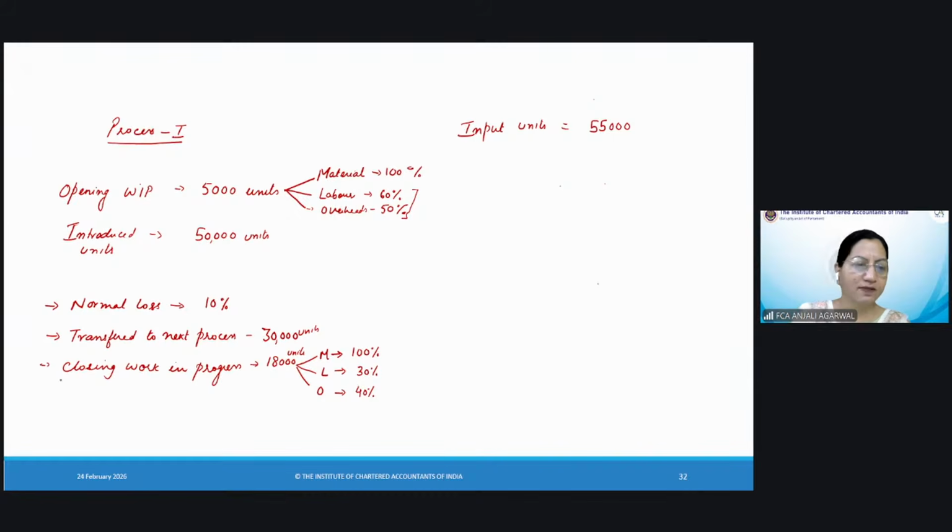On the basis of this, the first thing you will do is to calculate the missing figure, or rather, the balancing figure of units. First step, balancing figure of units to find whether there is abnormal loss or abnormal gain.